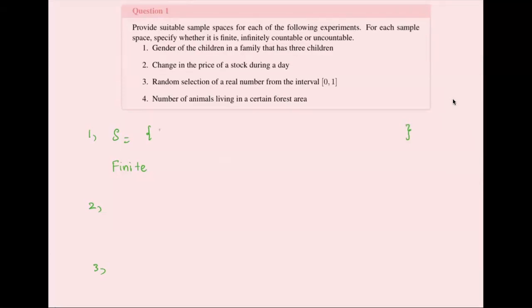For example, yeah, I see something that looks good. So the student wrote out like this: male, male, male, which means that the first child is male, the second child is male, and the third child is also male. Or we can have male, male, and female. Male, female, female. Male, female, and male.